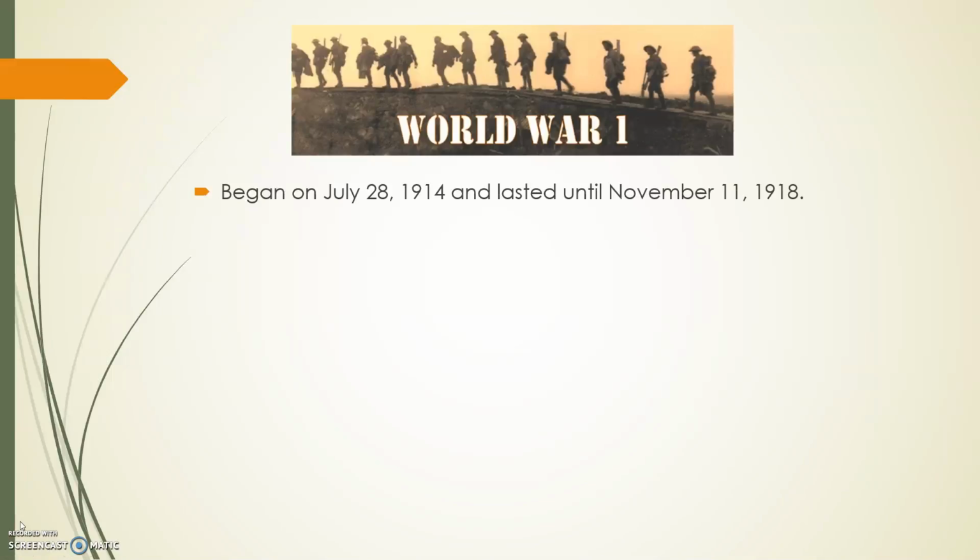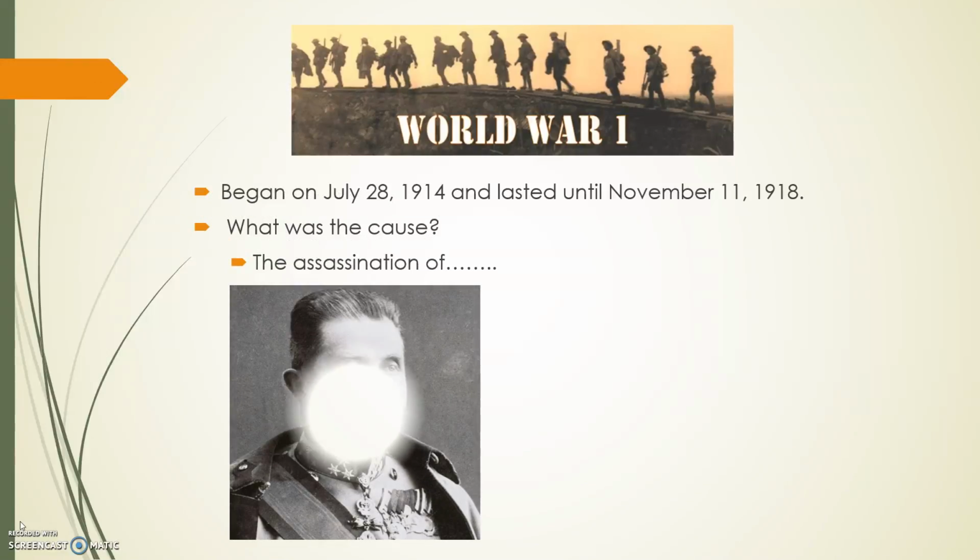World War I began in 1914 and lasted until 1918, so a total of about 4 years. What was the cause, though? That's something you may be thinking of, and I did say something earlier in the flip lesson that had to do with the assassination of somebody, and here it is. Right here we have the Archduke of Austria, Franz Ferdinand.